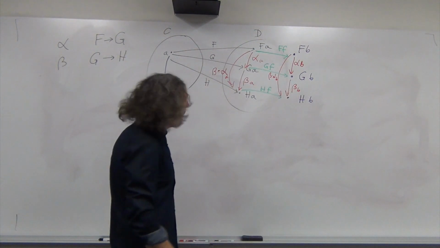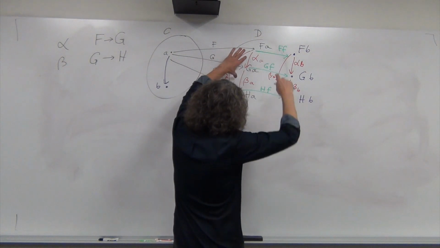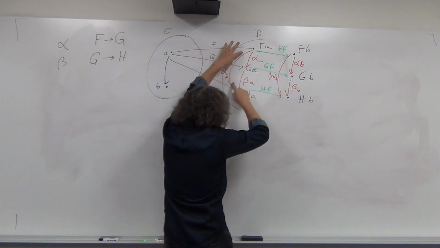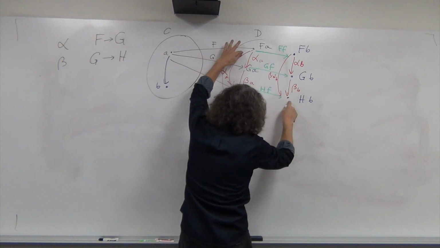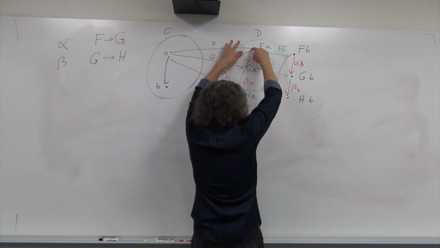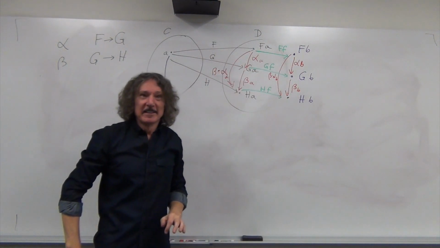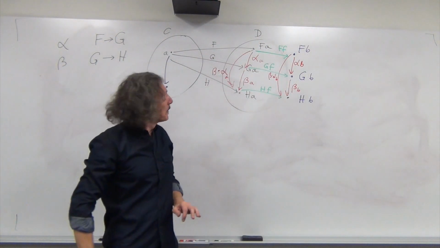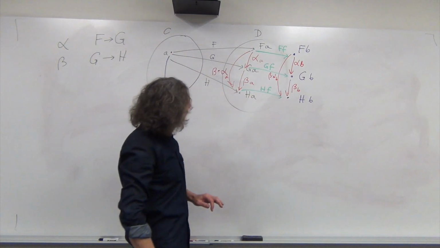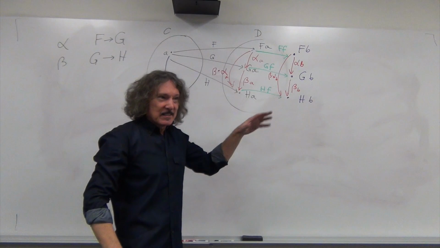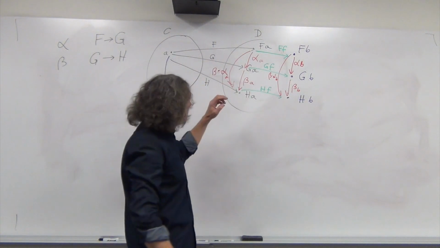Now what we want to show is that this way is the same as this way. That would be our naturality square. But this big square is actually a composition of these two small squares.